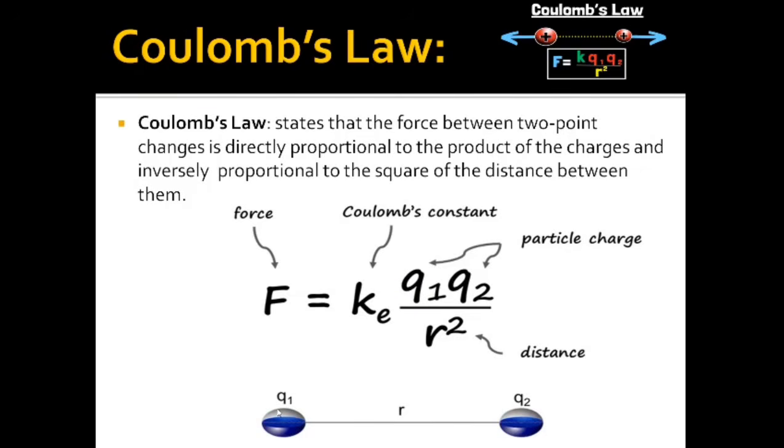That is Q1 times Q2 put together is directly proportional to the force of interaction. And the force is inversely proportional to the square of the distance between them. That means the R there is the distance between them. The square of R is inversely proportional to the force.